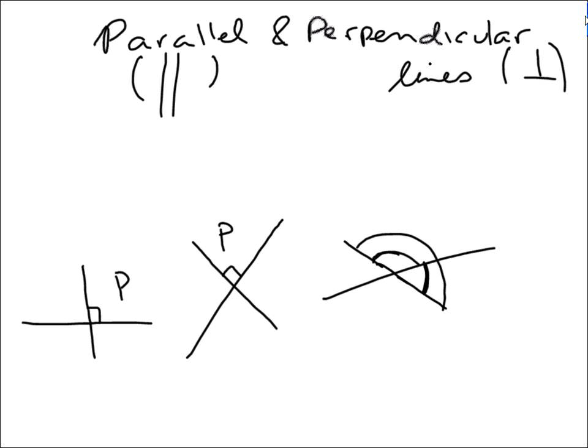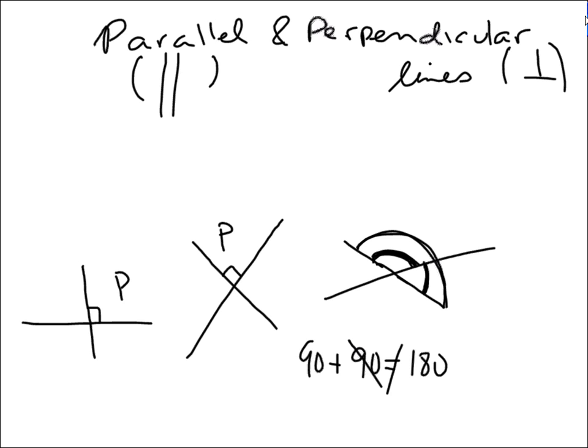And if this is not 90, well then this can't be 90. Because 90 plus, let this symbol represent not 90. If you have 90 and you don't add 90, you don't get 180. But this is 180. Okay, those are not perpendicular.